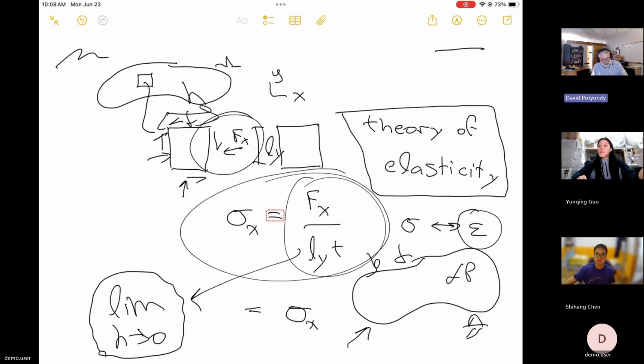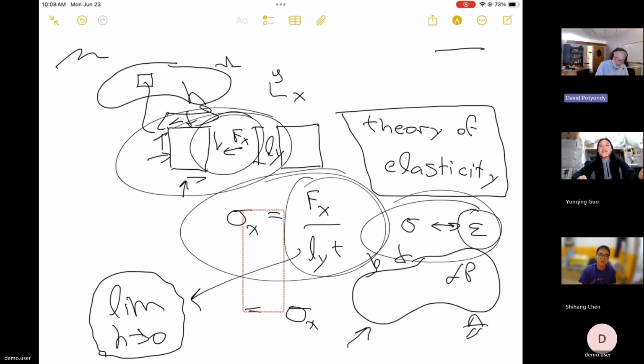And if it's a continuum, we can define a thing called stress, and we can define a thing called strain. And then the relationship between stress and strain is what we call a constitutive model. Theory of elasticity developed these concepts.